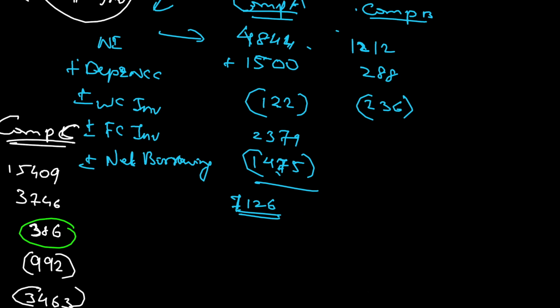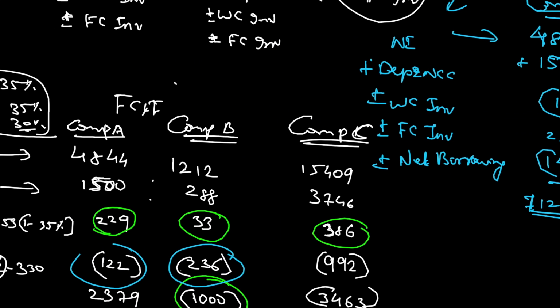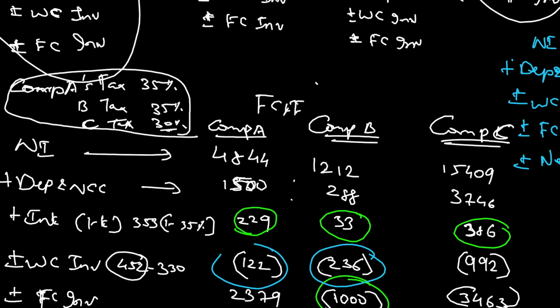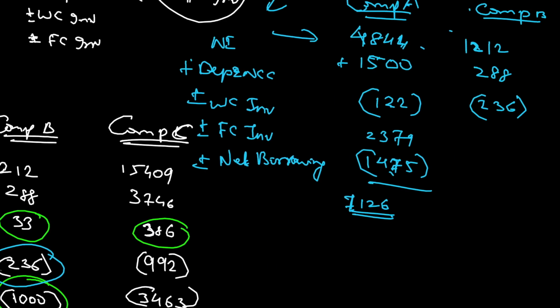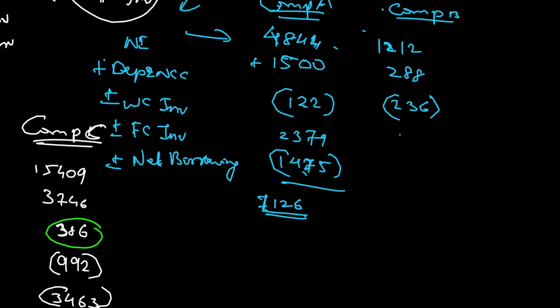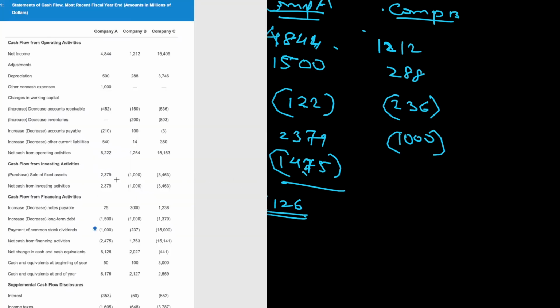Then fixed capital investments. Second company is 1000 minus. And then net borrowing for the second company is very simple. Sorry, it is borrowing, so borrowing is financing activities. So 3000 through notes payable cash inflow is happening, and 1000 cash outflow.